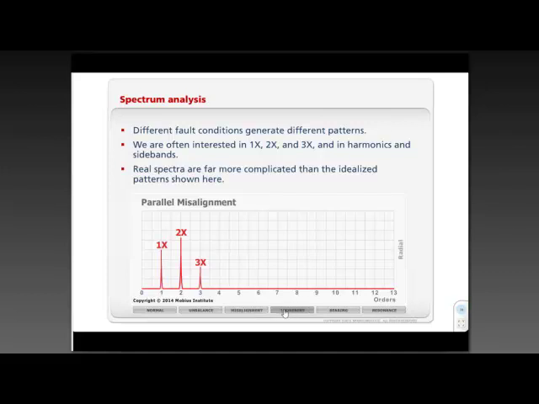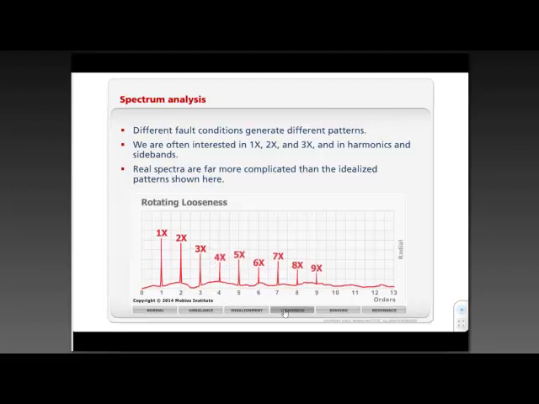If there was looseness, the bearing kind of rattling around, is the simplest way to describe it, I can see lots of peaks, and I can even see the bottom of the spectrum rise up like this. And that's a telltale sign that there is impacting going on. And in fact, these peaks might all be very high in amplitude. I've shown them here sort of dropping down and so on. They might be all very high in amplitude, and they will go on to 10x and 11x and 12x and 13x.